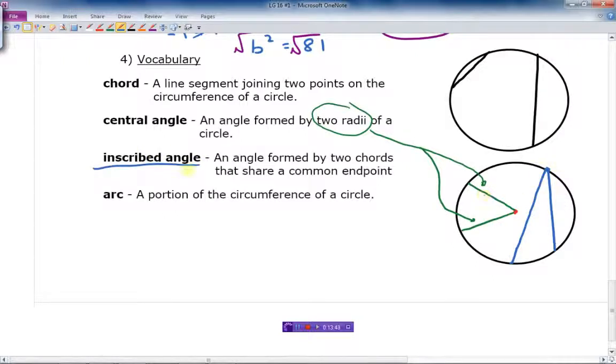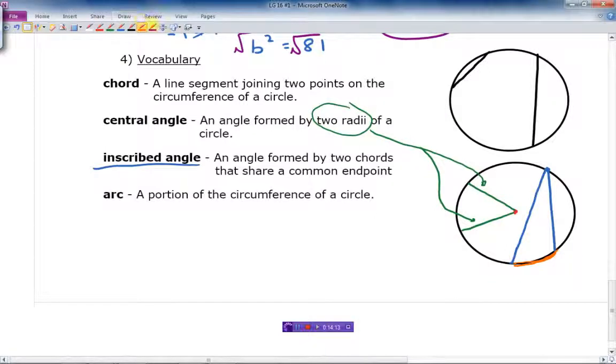Now the last thing here is arc, and the arc is the portion of the circumference of a circle. So the arc that this inscribed angle covers, or subtends we use, is right there. That's the arc, or part of the circle that one subtends or covers, and goes from one to the other.